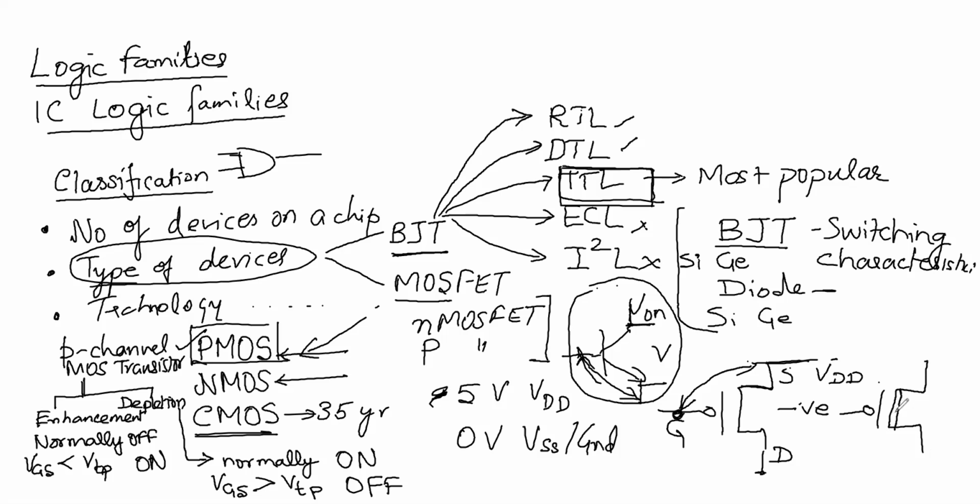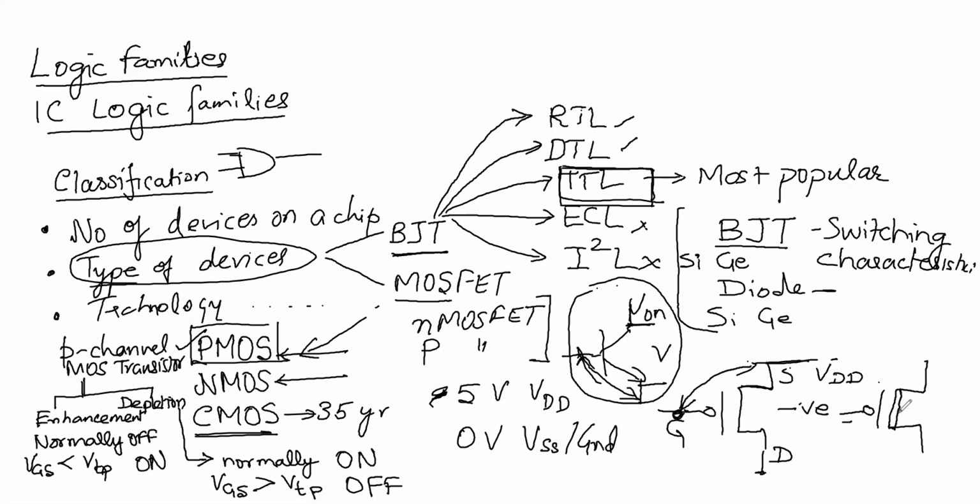Since it is a p-type channel, positive charge carriers, which are holes, are already present over here. So if you want to remove this channel, you need to apply a positive potential. Earlier you were applying a more negative potential; now you will apply a positive potential, and typically the threshold voltage for this device will be positive.